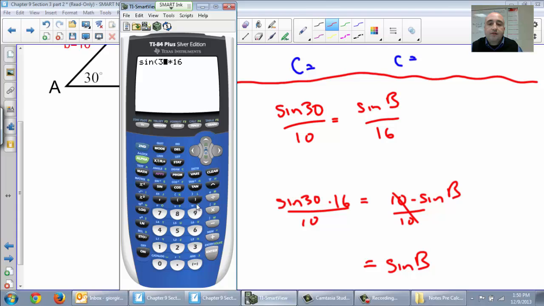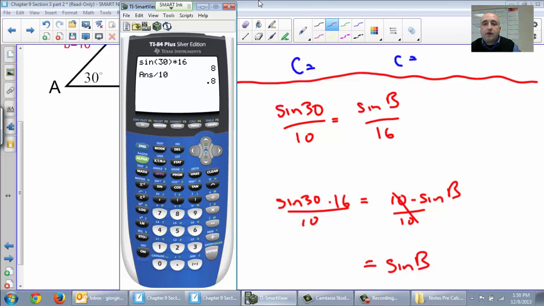Oops, forgot my parenthesis. Enter, divide by 10. Enter, I get 10. That is wrong. So I forgot to divide by 10. I messed that whole thing up. So sine of 30, let's start over, times 16 divided by 10.